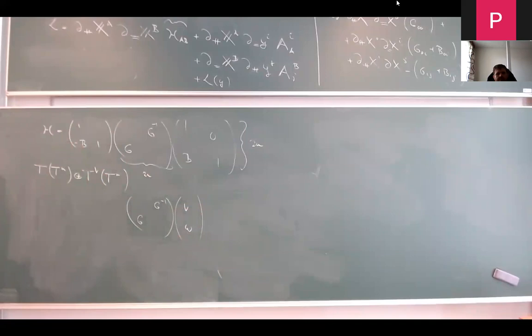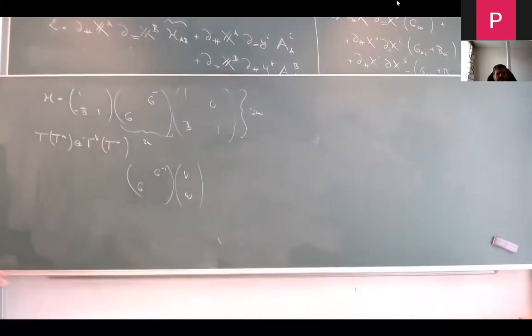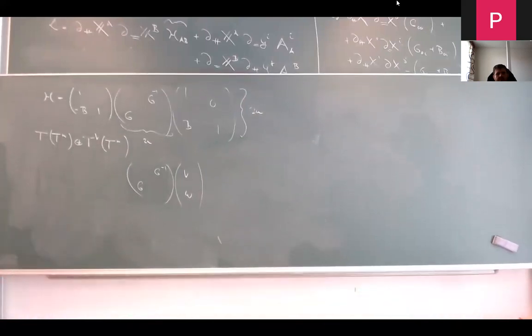That's what a metric does. And so we call this thing the generalized metric. It's sort of the right analog of a metric in the double space, where x and x tilde provide the coordinate description.